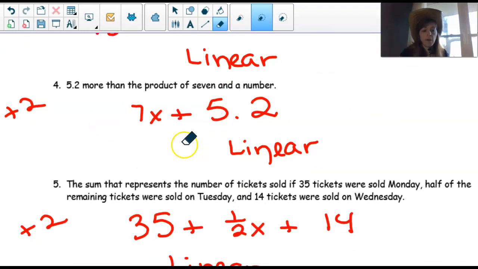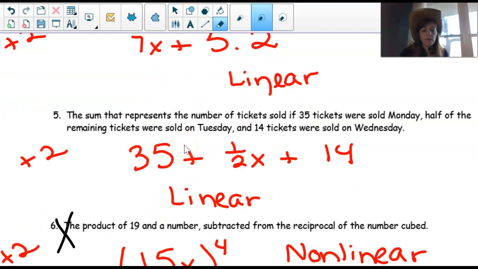There's 4. There's this one. Half the tickets were sold on Tuesday, and then the rest on, so definitely you could have combined these to do 49 plus 1/2 x, and that would have been great.